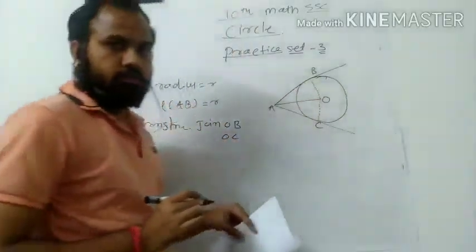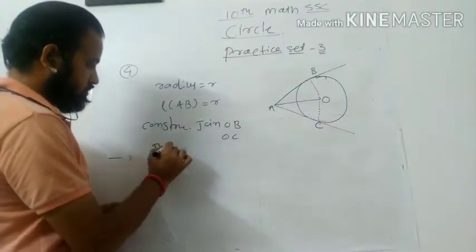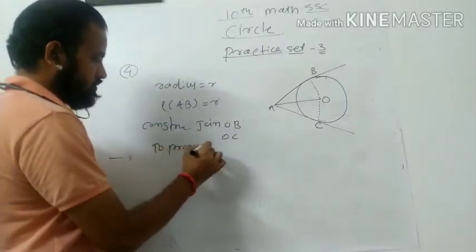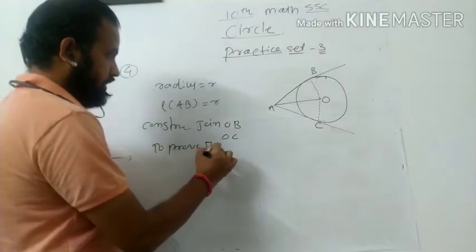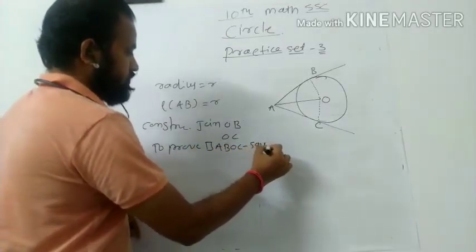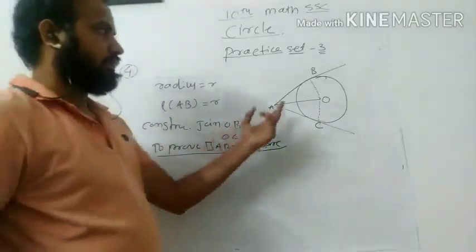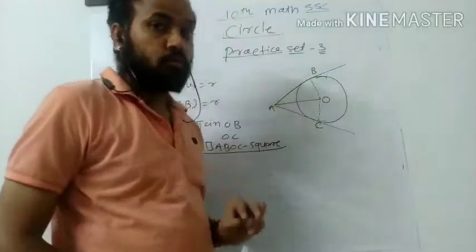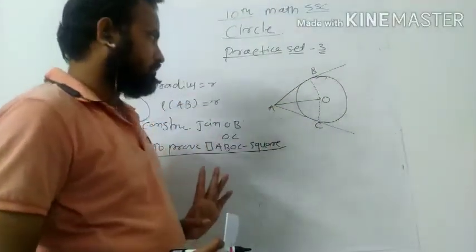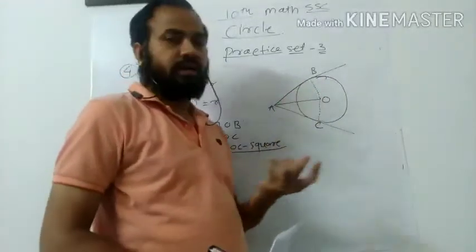Okay, now we have to prove that this quadrilateral ABOC is a square. We require two conditions. Most of the time we think that if the four sides of a quadrilateral are equal, it is a square.